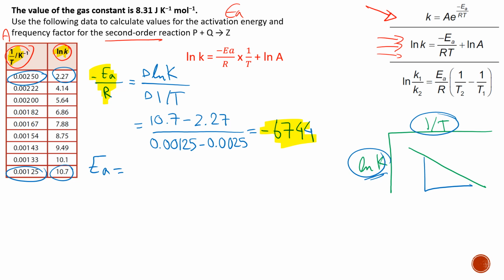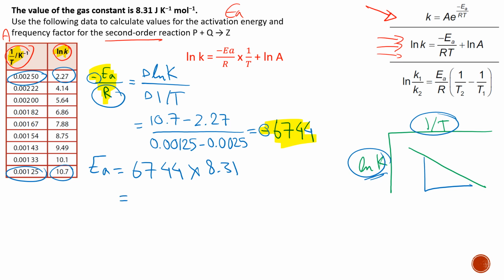Okay, so calculating EA now should be very easy. Why? Because the negatives go away, so we have 6744 multiplied by R, 8.31.